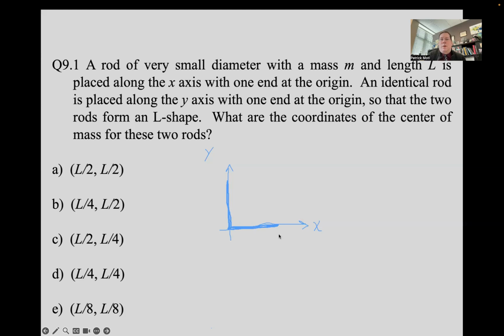One is along Y, one is along X. They are both of mass M and length L. So for that system, those two rods, where does the center of mass lie?